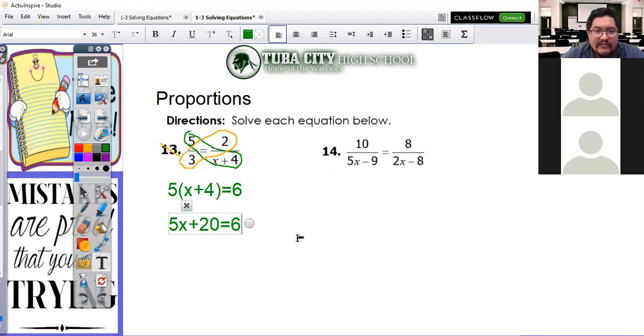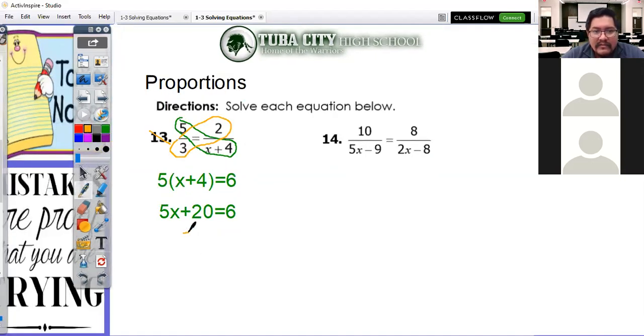So I'm going to go ahead and distribute the 5 so that we no longer have the parentheses. And let's see, keep solving the regular way, and it should be no issue.